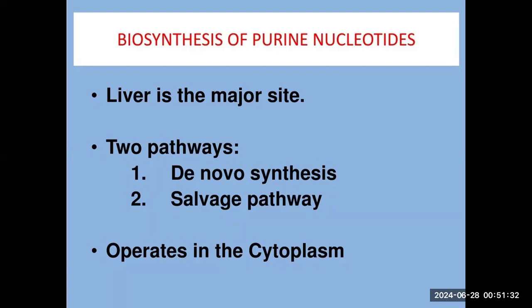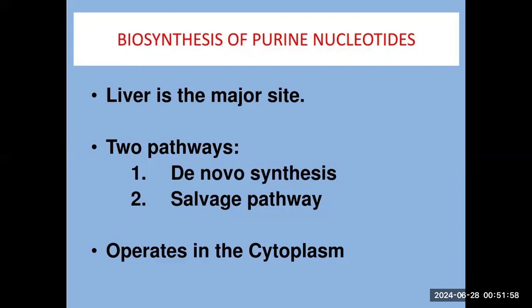The salvage pathway is the one that reutilizes an already synthesized purine ring or a nucleoside of purines, for example adenosine or guanosine. So there are two pathways.